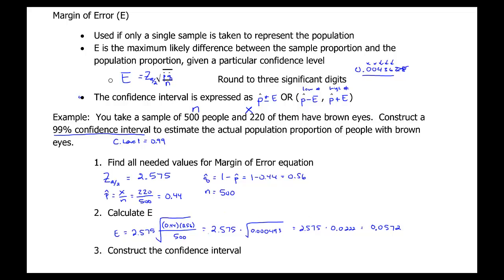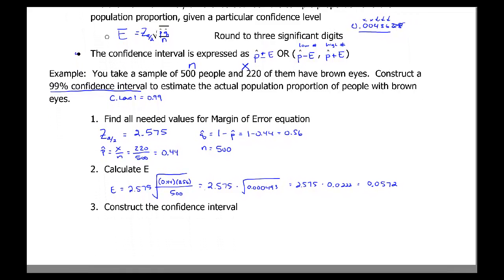All we have so far is the margin of error. We don't have a confidence interval yet. So in order to get the confidence interval, we need to use the format p hat plus or minus E. So p hat was 0.44, and the margin of error is 0.0572.